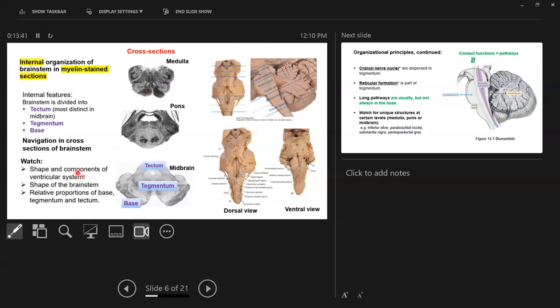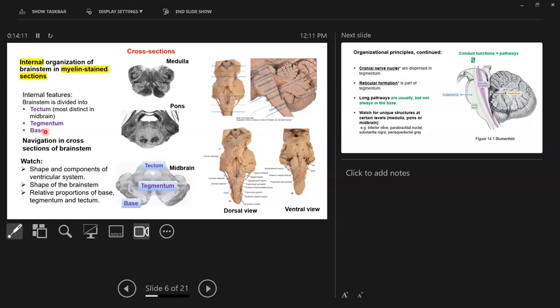Also noticing that the proportions change all the time. The base, the ventral aspect, is very, very prominent in the pons. At least 2/3 of the pons is ventral pons, corresponding to the base.